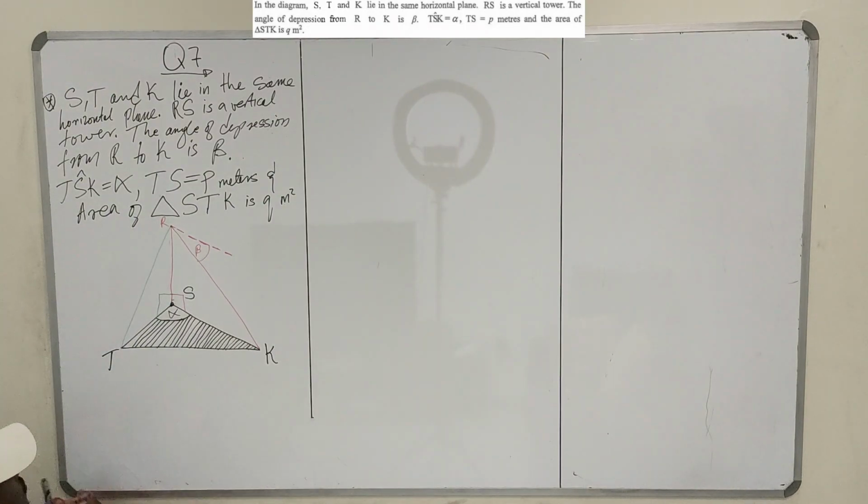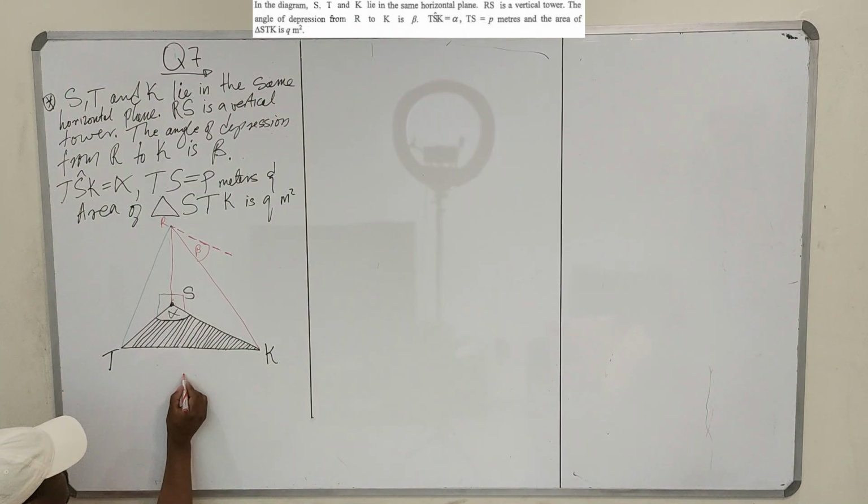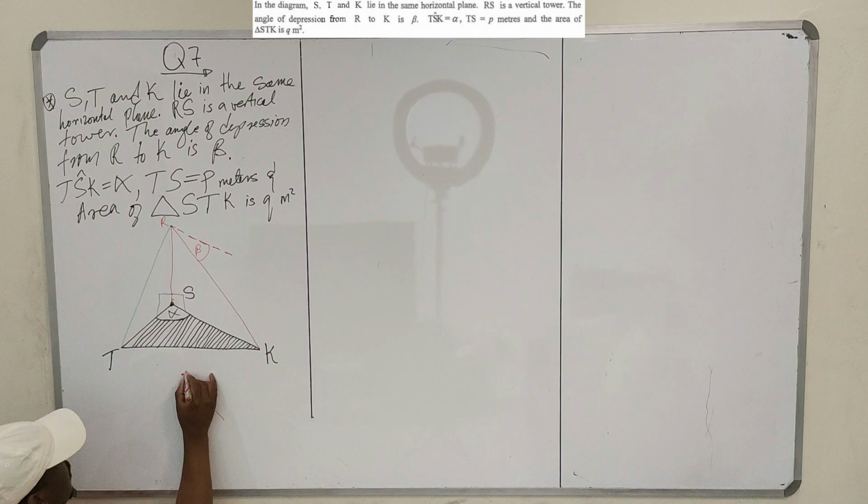No problem. Let's go. Here's what I'm going to do. I'm going to draw it like this. RKT, so here's R sitting here.